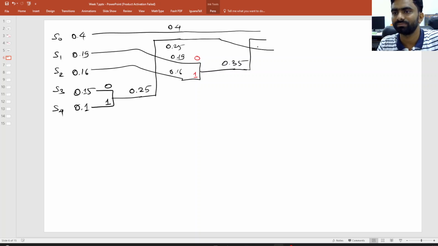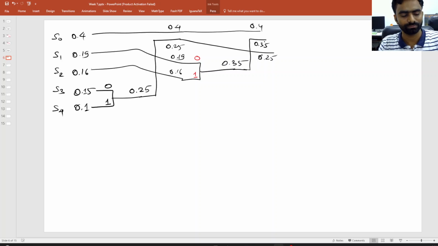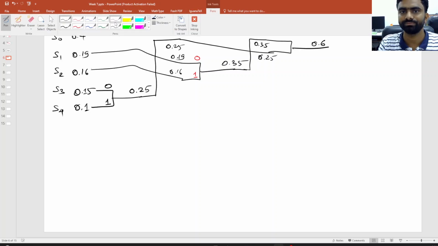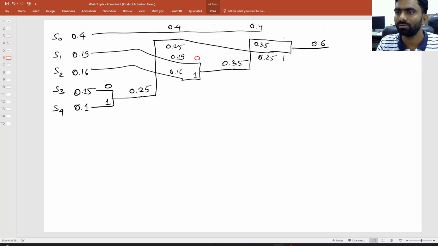So the lowest probabilities as compared to 0.4, we'll fuse them, add them, that will be 0.6, and assign the symbols 1 and 0. Again, now 0.6 will go to top, 0.4 will be here.